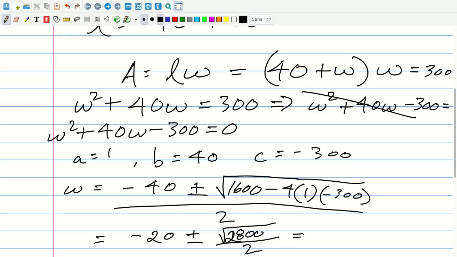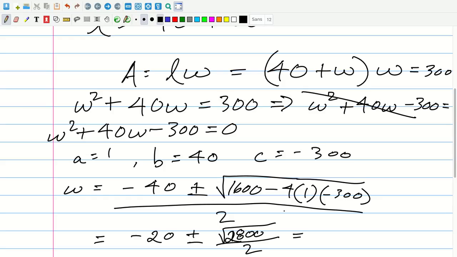So what the heck is the square root of 2800? Let me use my calculator to do this. This is shameful. Should be able to do this by now. Let's see, 2800 square root.